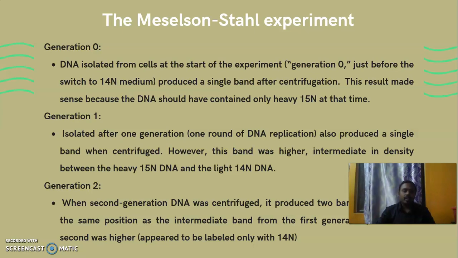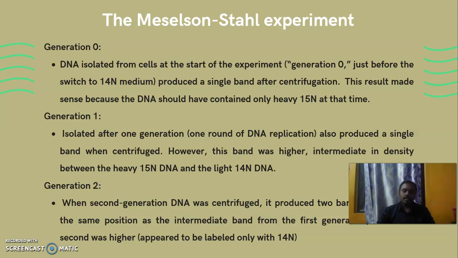The DNA was isolated from cells at the start of the experiment, just before the switch to N14 medium. So that's the first step where we start our experiment. The cells produced a single band after centrifugation. This result made sense because the DNA should have contained only heavy N15 at that time, as it was not yet switched to the N14 medium.